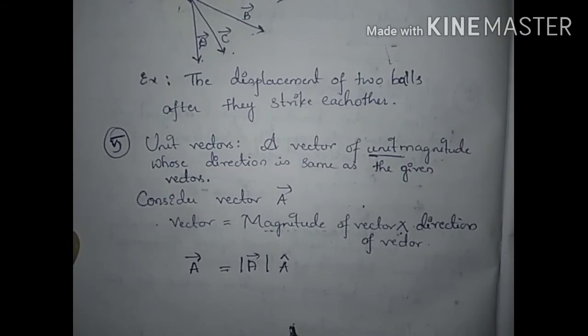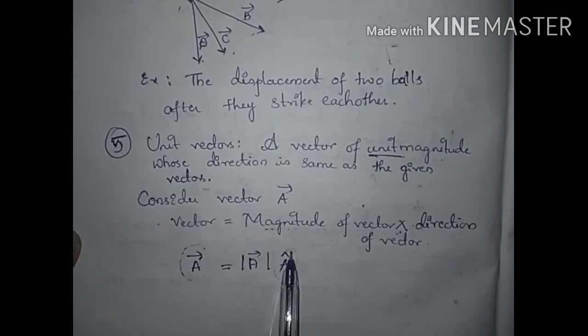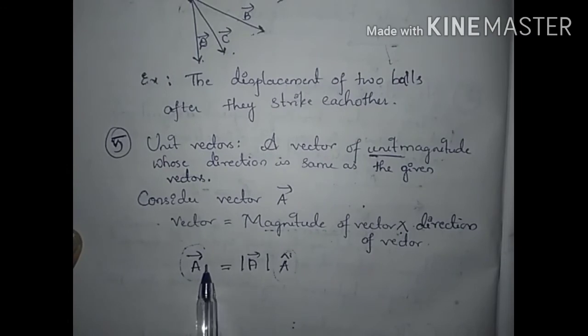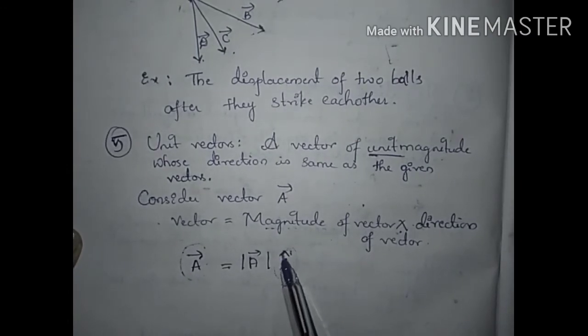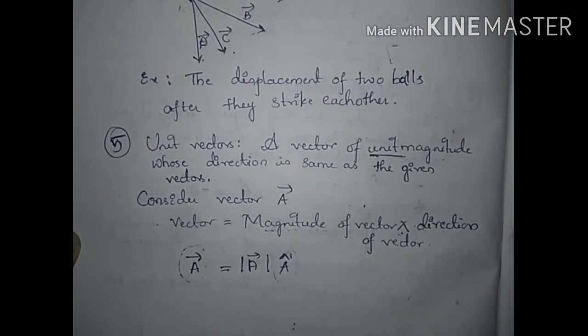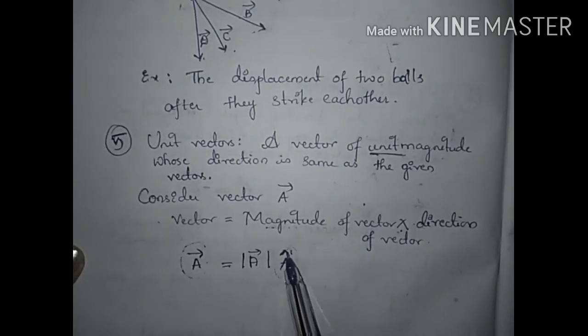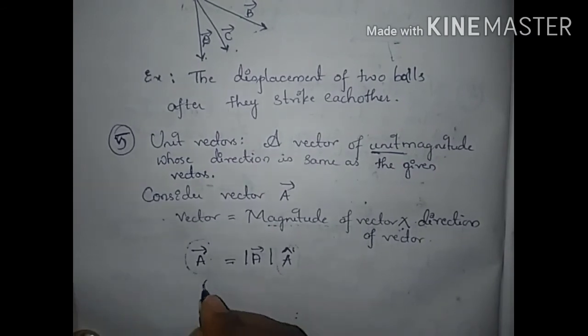A cap is the unit vector drawn in the direction of vector A. This symbol here can be read as cap. Now how can you write A cap?